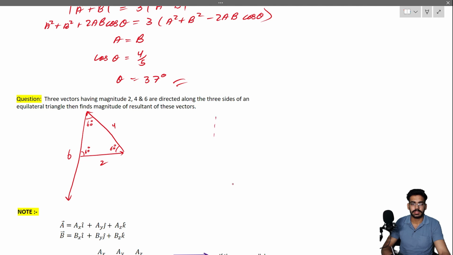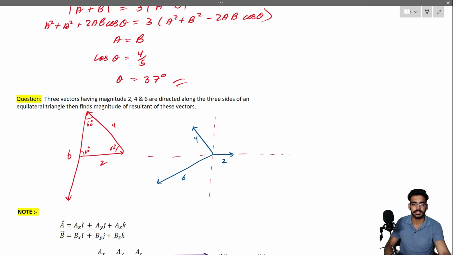Now if you resolve this along the x-axis and y-axis, that will be better, right? So 2 you put here, let me put it a little bit shorter, 2 is here. Then your 4 is here at 120 degrees. And then your 6 is here, at an angle of 120, 120, 120.